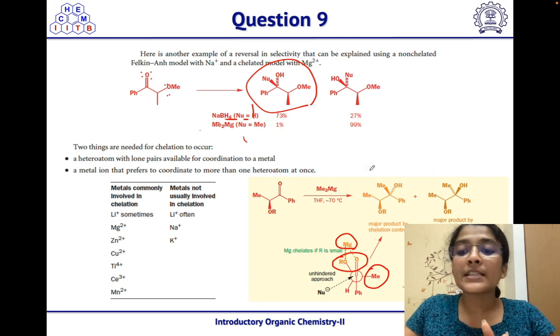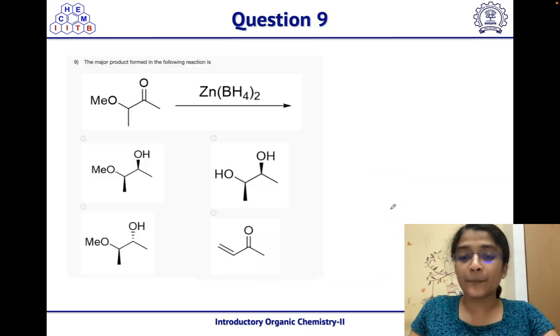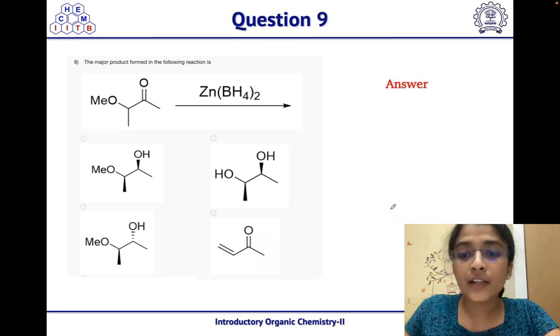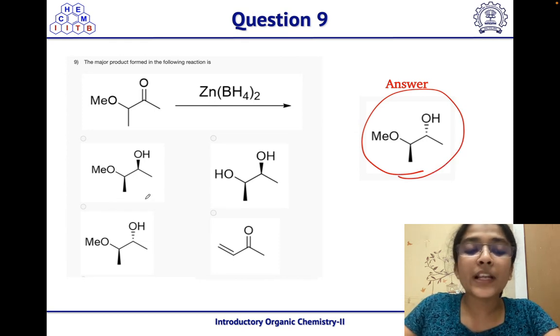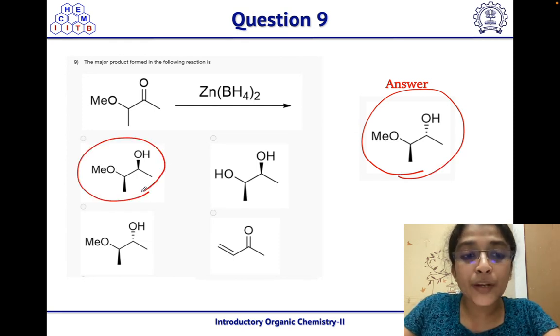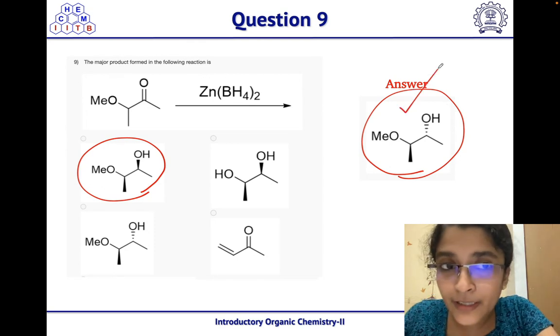Instead we will get its other isomer. So here whatever product we are getting is this one. According to Felkin model, we are supposed to get this product, but because of chelation effect from this Zn2 plus, we will get this as the major product. Is this clear?